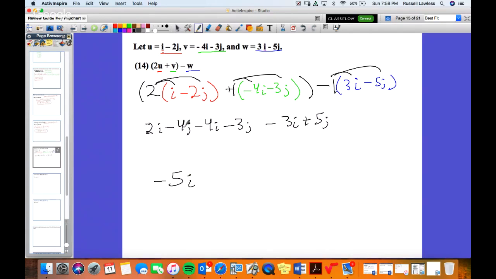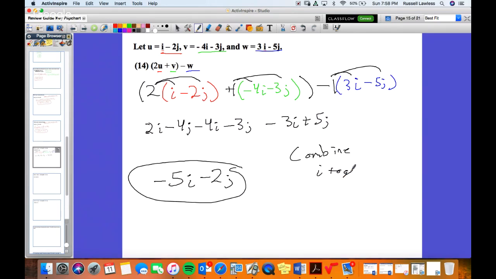And then if you look at the j's, negative 4j minus 3j is negative 7j. And then when we add 5j, that will be negative 2j. So essentially combine your i's together and your j's together.